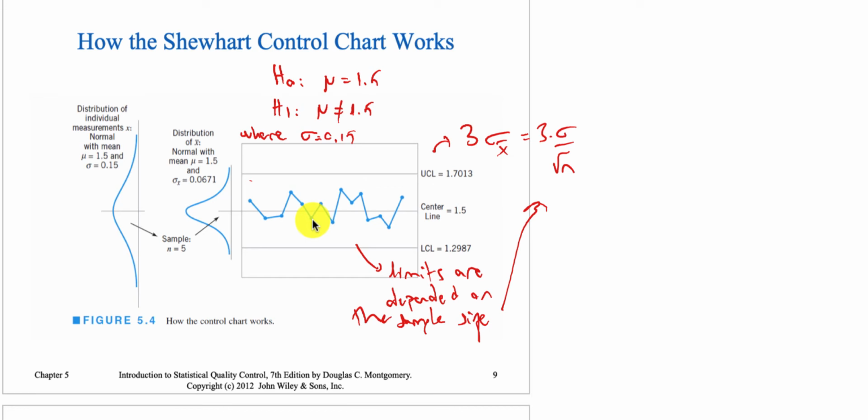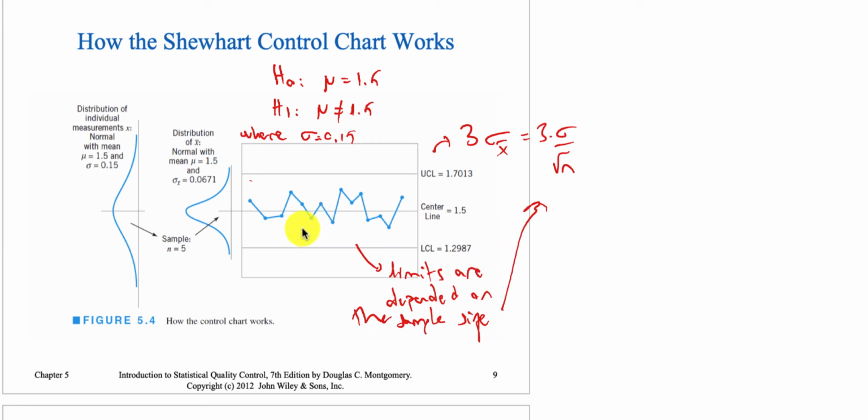So how does the Shewhart control chart work? We are going to take samples. Okay, then they are going to work. Otherwise, if we do not take samples, our control limits will be wider because we are going to use the population standard deviation. But with samples, we reduce the standard deviation by the square root of the sample size. So limits are dependent on the sample size.